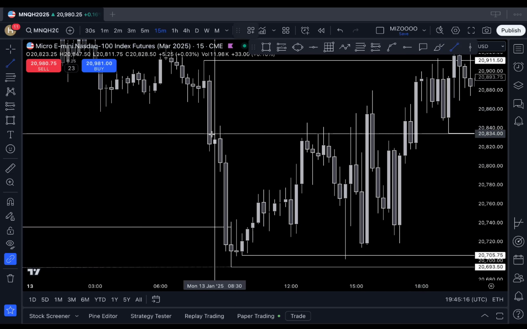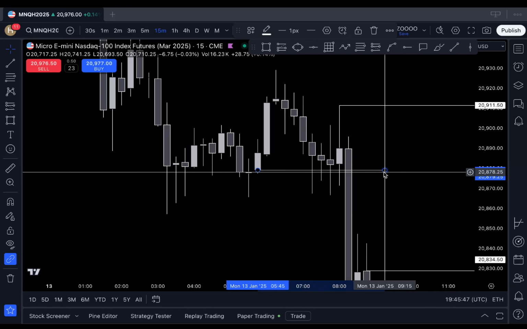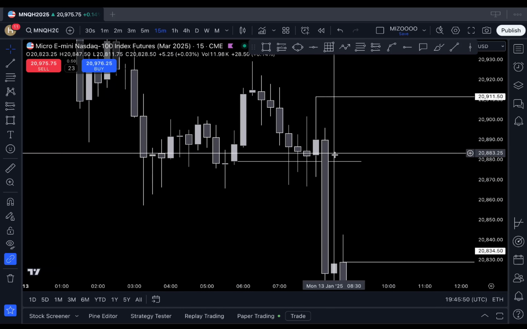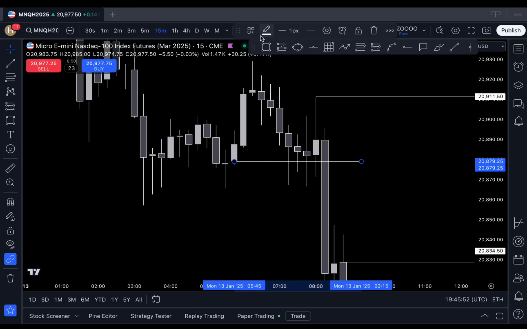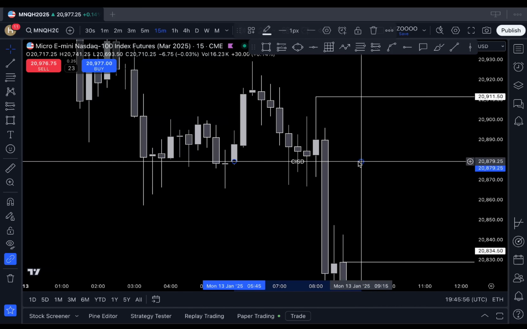Or a bearish change in state of delivery is used from bullish candles. So you have a formation of bullish candles like this, implement it with your liquidity and your SMT, and then your bullish candles create the bearish change in state of delivery. So it's literally just using the opposites.